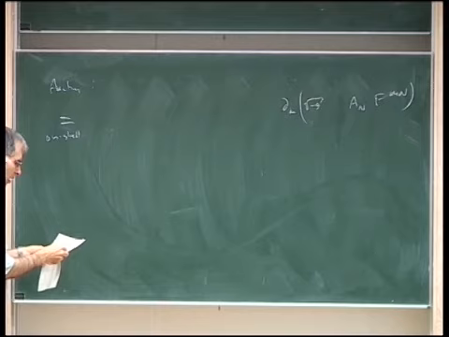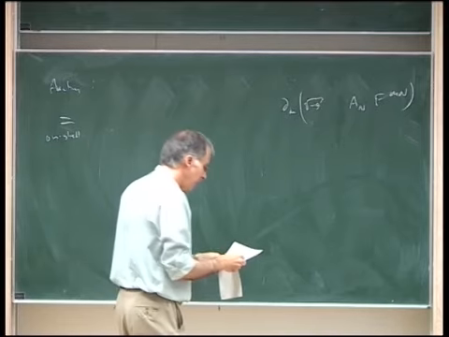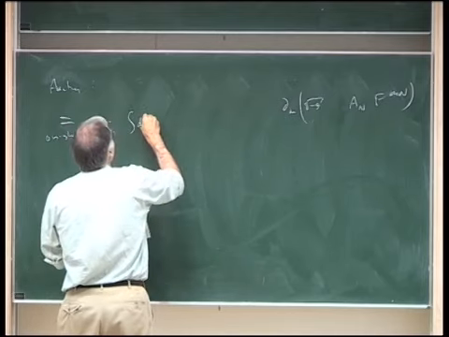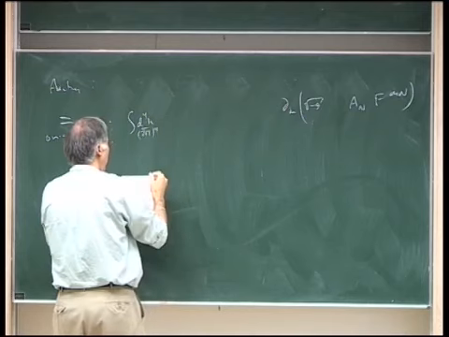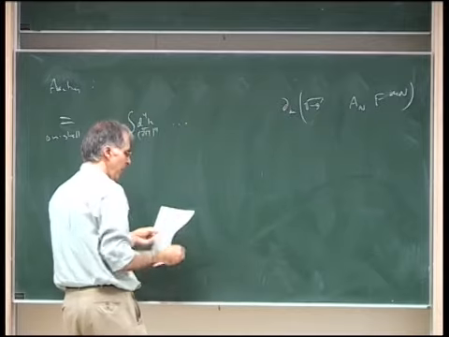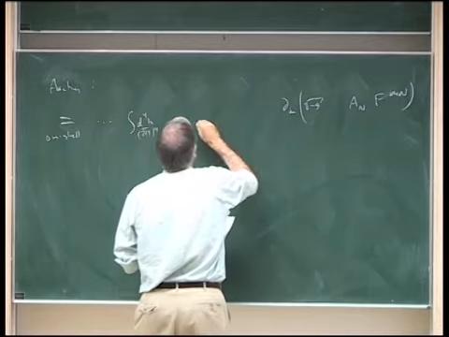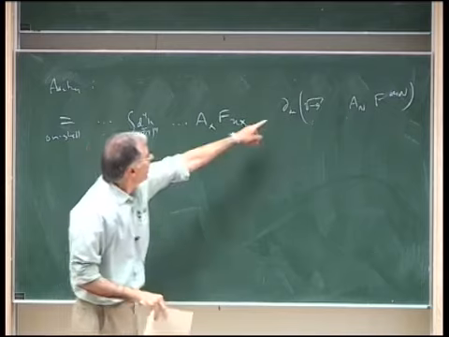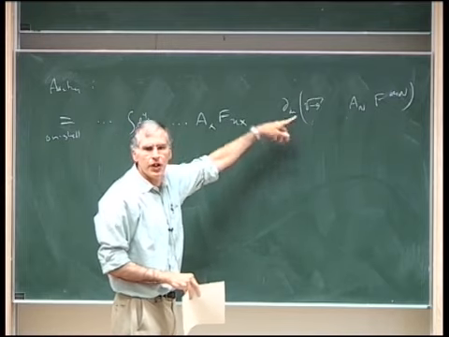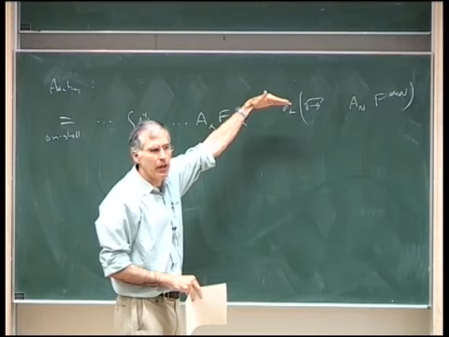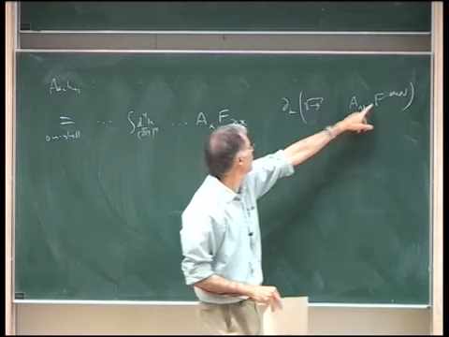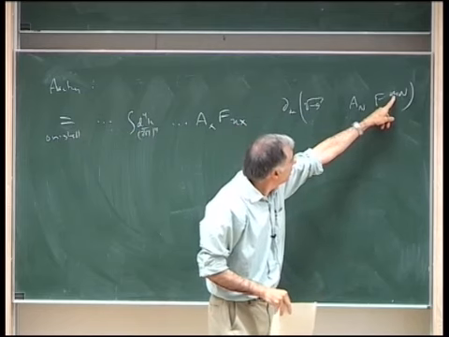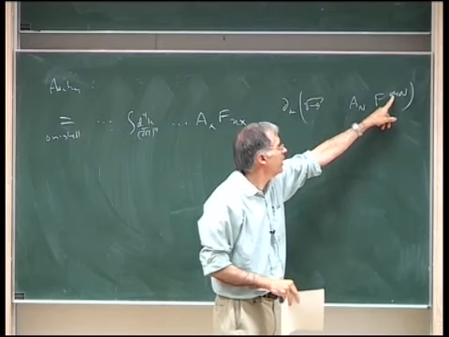Since, as always, I'm running out of time, if you do that, what are you going to end up with? I'll write it a little bit schematically, and then a little more carefully. First of all, if I do a Fourier transform, I'm going to end up with factors of g. And all I want to emphasize here is it's going to be a u derivative, which gives me a surface term because my boundary is at u equals 0. So the only piece I'm going to care about is the piece where I have a component of the field strength where one index is u.